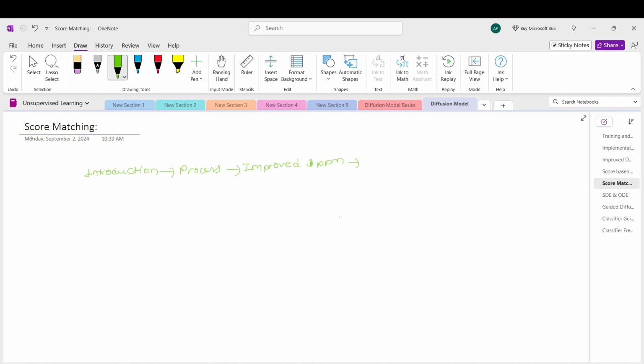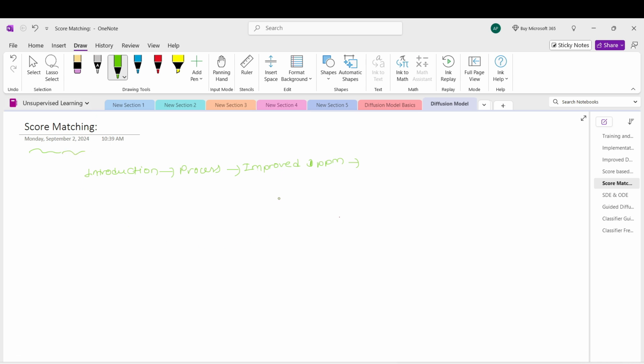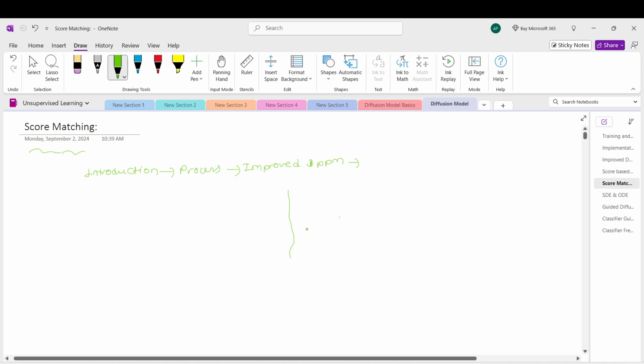You can think of it like this: this is our diffusion route we are going through, and this is a score route. So this is a mix, as we go into the diffusion journey, and this traditional score idea comes and merges here.